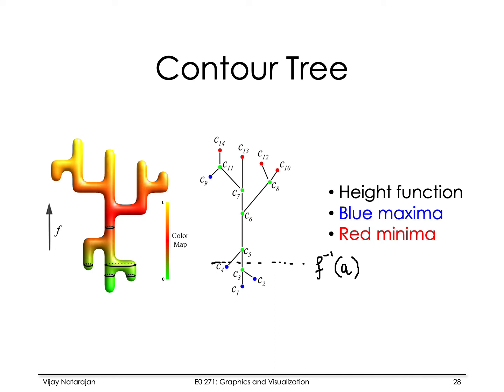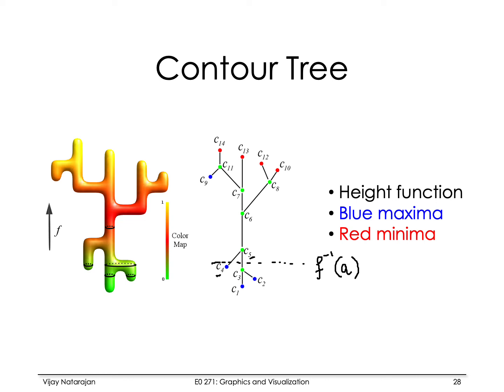Now when I search through the edges of this tree, I recognize those edges that span this scalar value A. And for each of those edges, so in this case there are two edges, one is C4, C5, and the other is C3, C5.